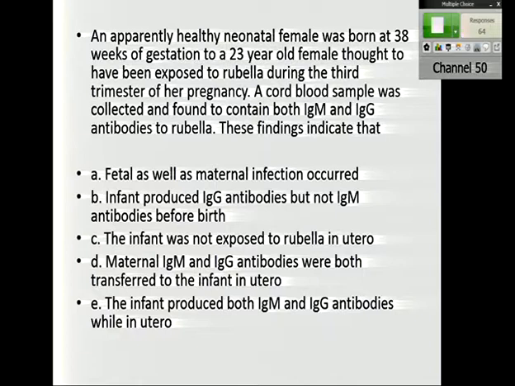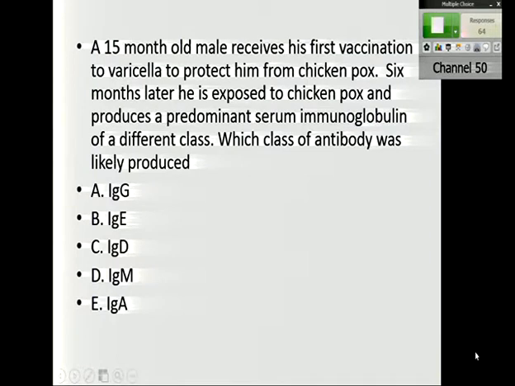Yeah, that's for polysaccharide. For polysaccharide vaccines, marginal zone B lymphocytes, yeah, this is nothing to do with that. This is a viral infection. Okay, this is protein. What's the answer to this?